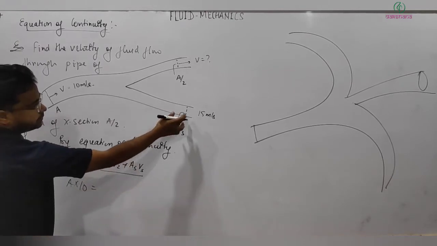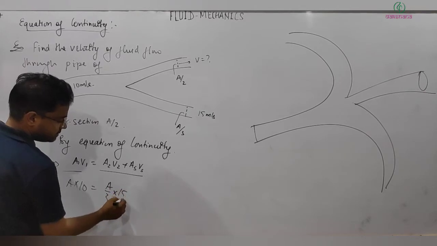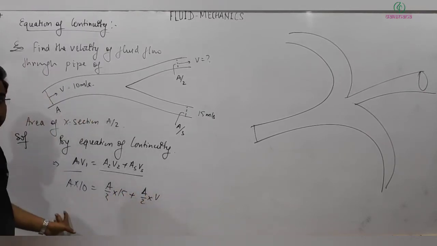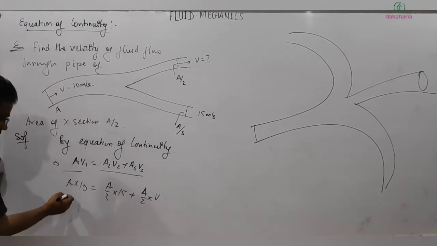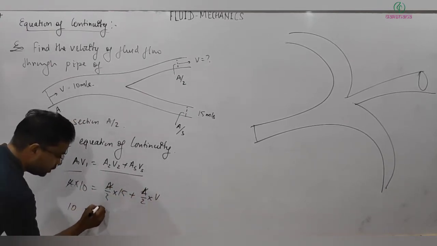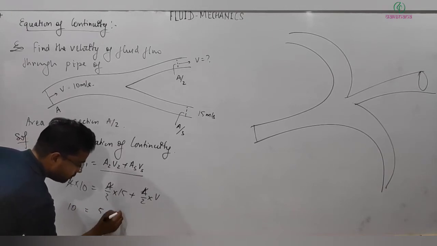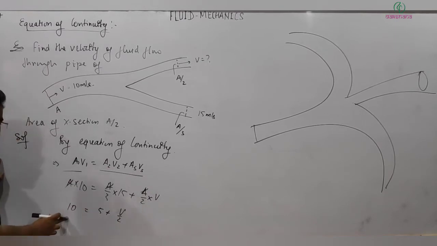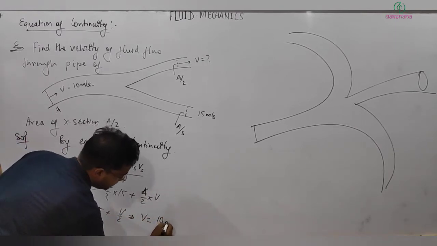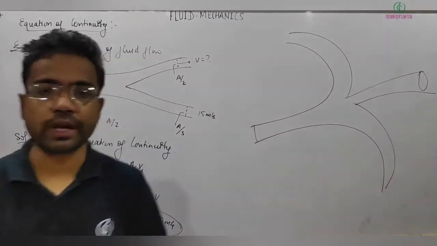This is A2, so it's A by 3 multiplied by velocity 15, plus A by 2 multiplied by velocity V. Clear? A gets cancelled out, so 10 equals 15 by 3, that is 5, plus V by 2. So 5 equals V by 2, and V comes out to be simply 10 meter per second. That's a simple application of the equation of continuity.